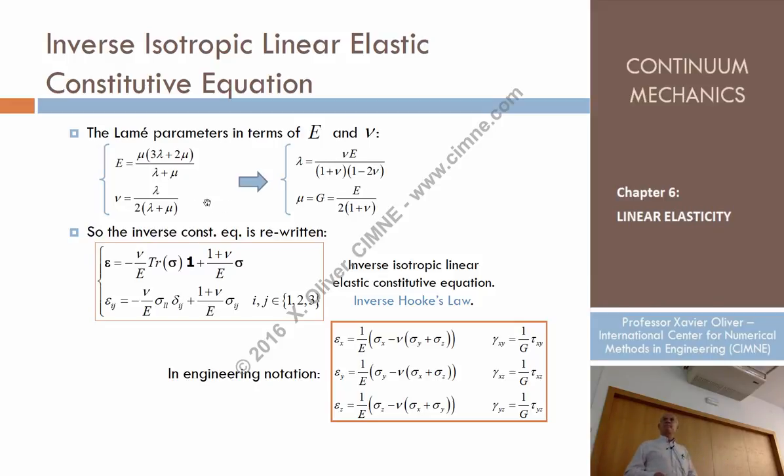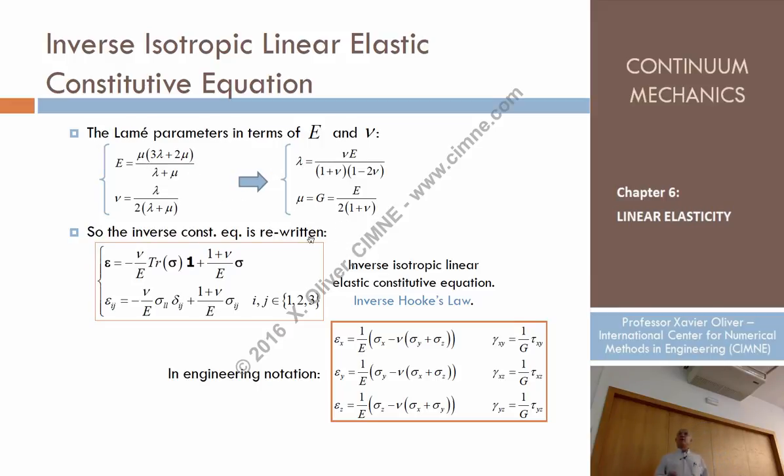Okay? Whenever I send a specimen of concrete or steel from my work to the lab to test these properties, they identify the Young modulus and the Poisson ratio, and from that, of course, I can obtain the Lamé coefficients.